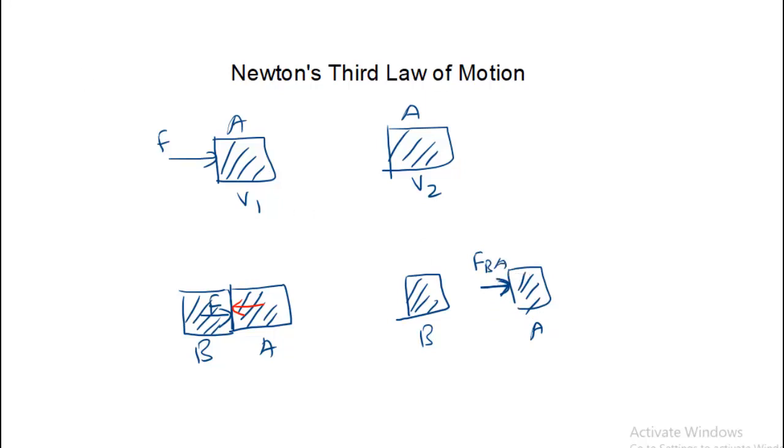At the same time, another counter force is acting on body B, from A to B. So according to Newton, there is a counter force, or what he called the reaction, to the action FBA. This is nothing but Newton's third law.